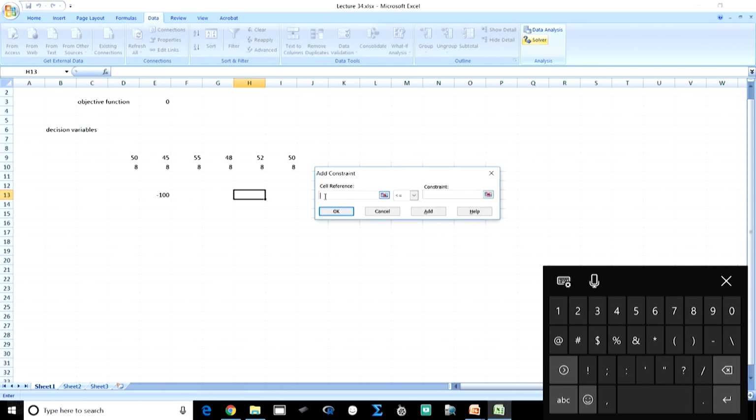So, the cell reference we have to give is of this cell.